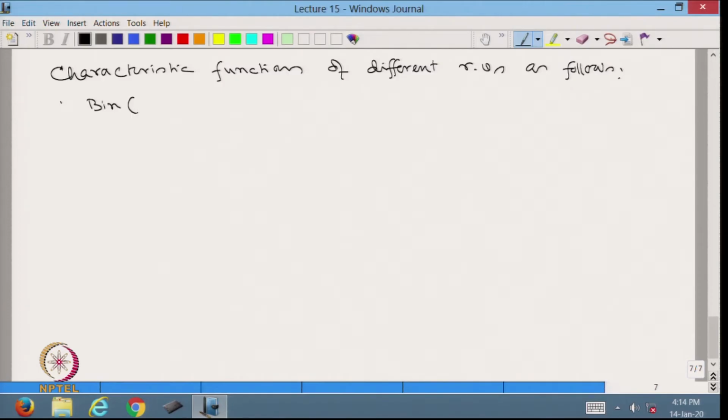Binomial n comma p: it is going to be q plus p e to the power i t, whole to the power n.